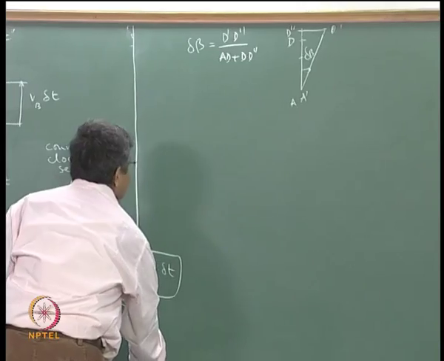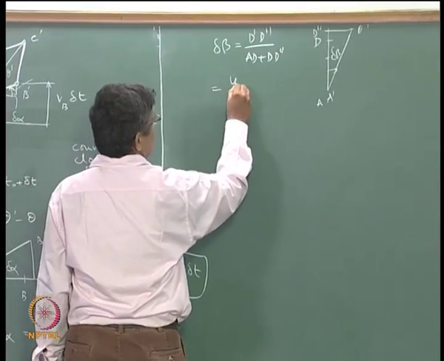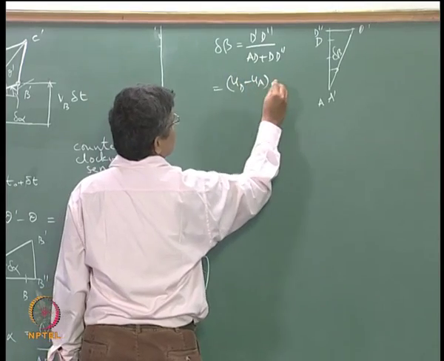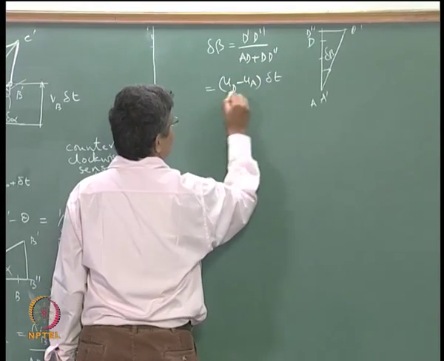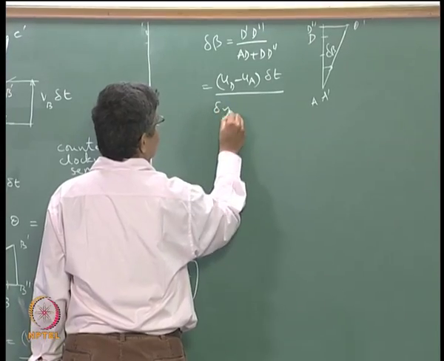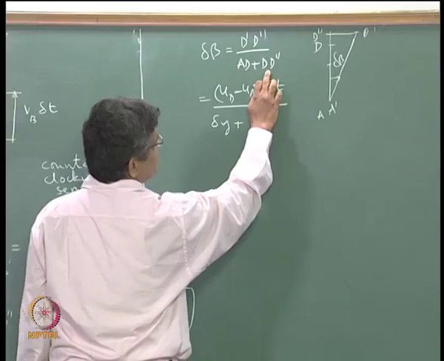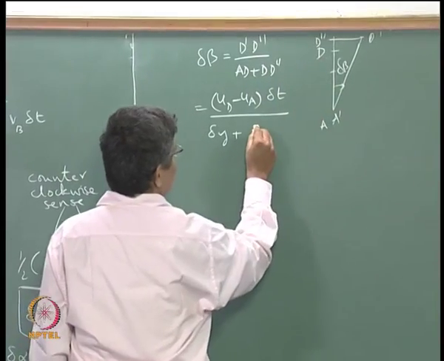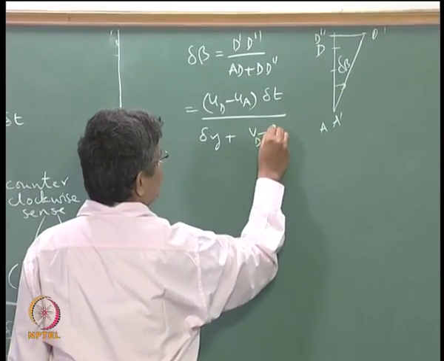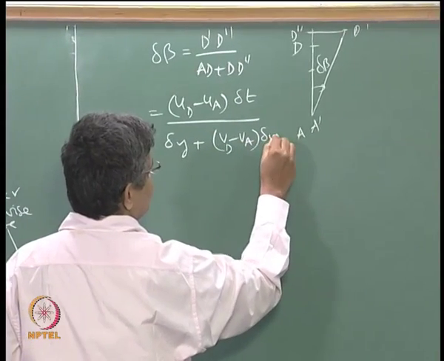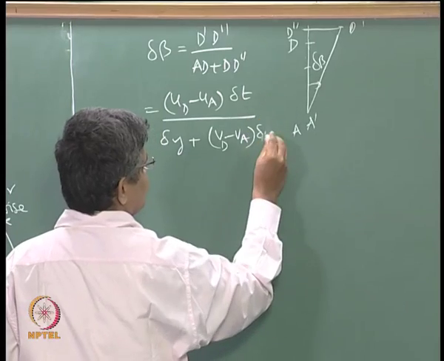So, we can write this as ud minus ua times delta t divided by delta y plus, and this d prime is again related to vd minus va times delta y times delta t.